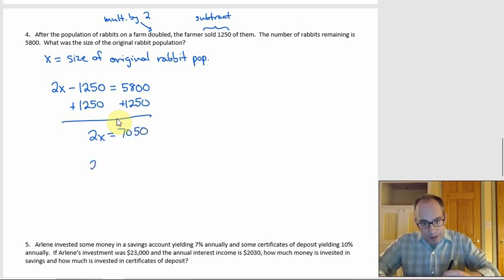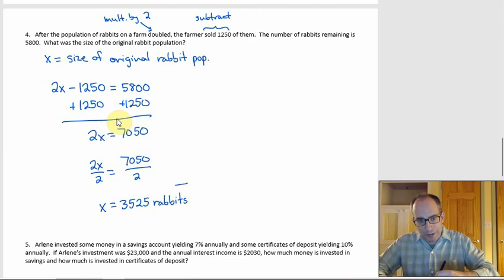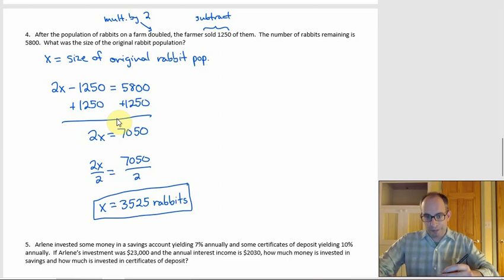And then to get x by itself, divide both sides by 2. And it looks like what we're going to get is 3,525. So x is 3,525, and to get the units in there, 3,525 rabbits. And there we go.